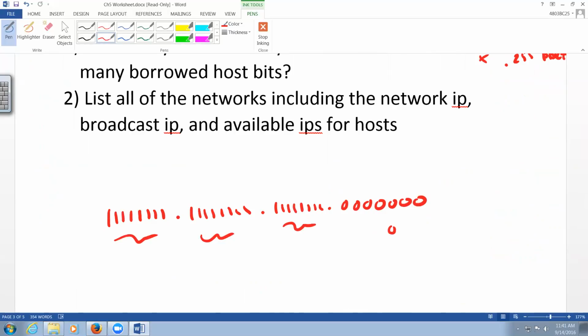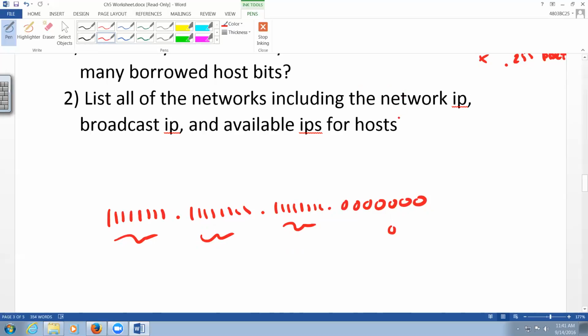What we can do is borrow host bits and convert these zeros into network pieces. When we do that, we start limiting the number of hosts we can have on a network, though. So that's kind of cool.